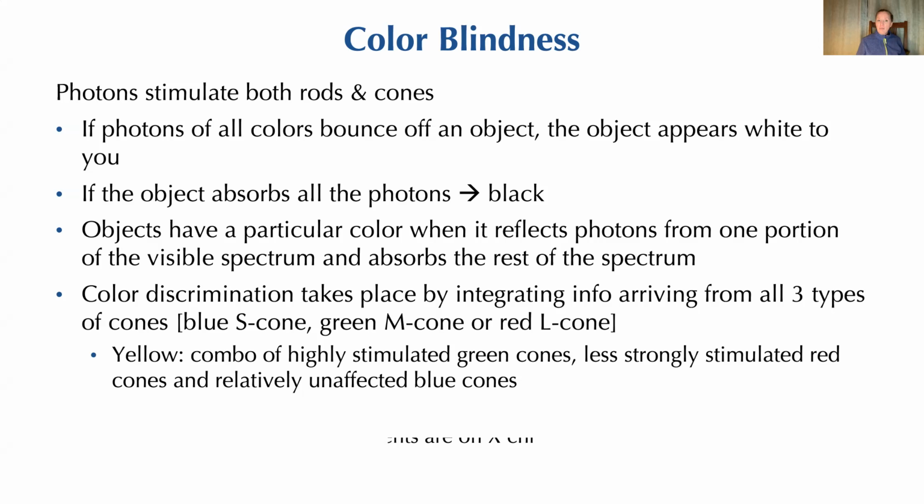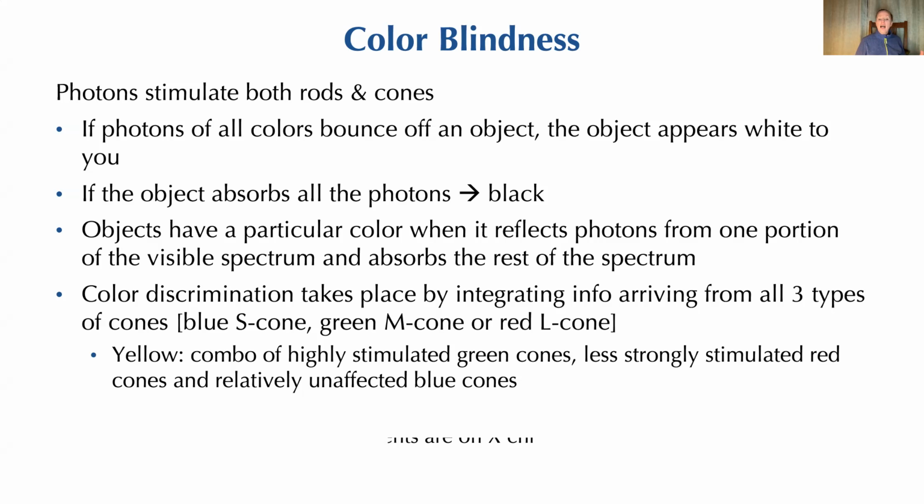The most common color blindness is red-green blindness, and it tends to be genetically linked and more common in males. 10% of males are colorblind. Okay, less than 1% of females are colorblind. So ladies, it's true, he really can't match his socks, all right?